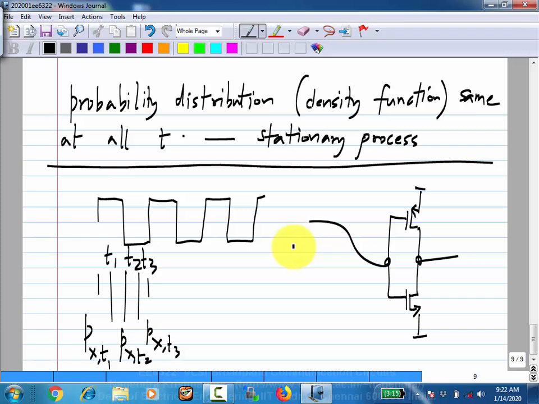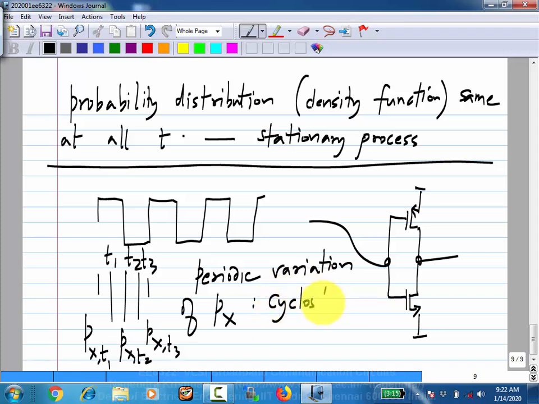Within each period it will have a different probability density function at every instant of time, and it repeats. This type of process, which has periodic variation of the probability distribution, is known as a cyclostationary process.